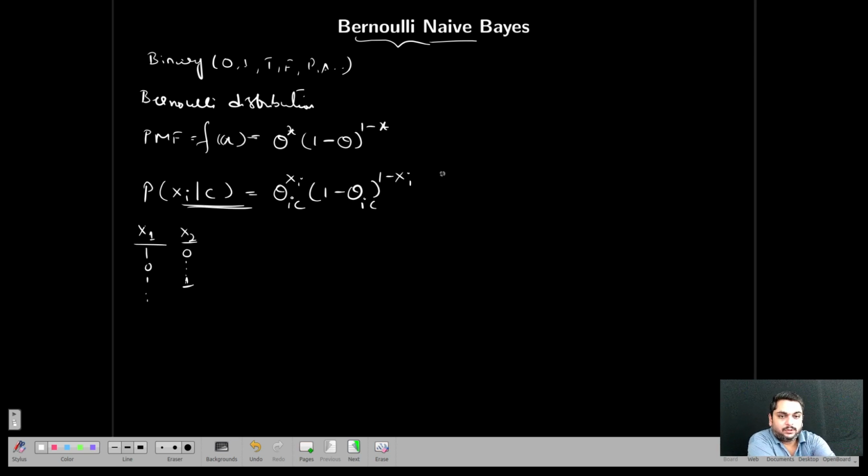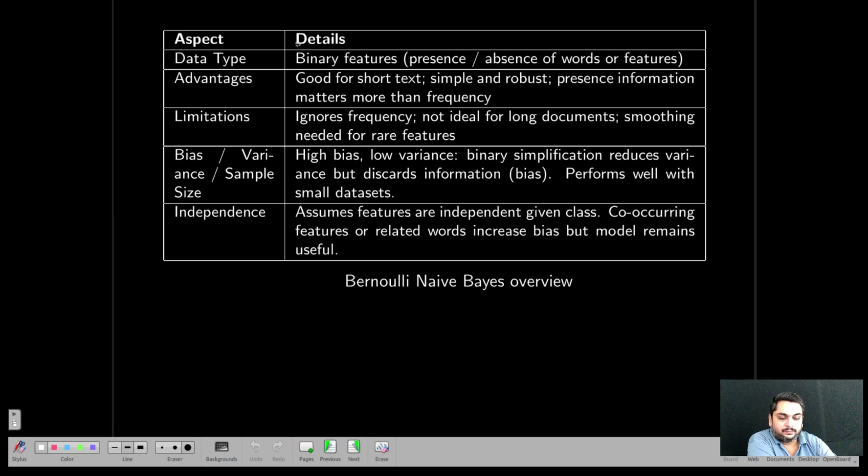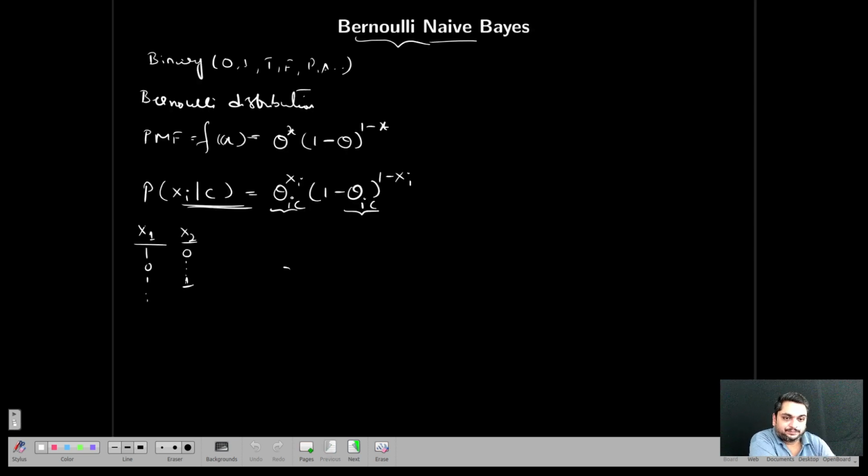Now how will you do the MLE, that is maximum likelihood estimation, for these parameters from the data? So what are we doing here? Theta for that particular class is given as the count of xi equal to 1.